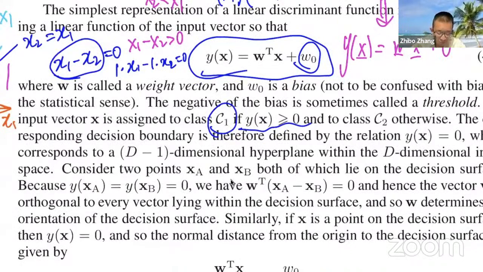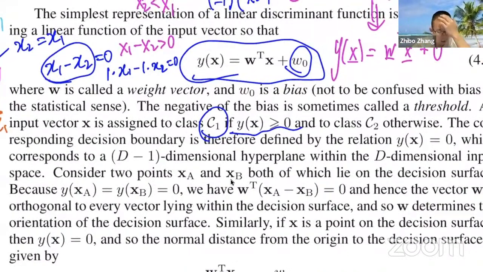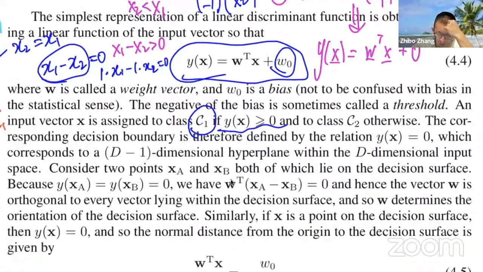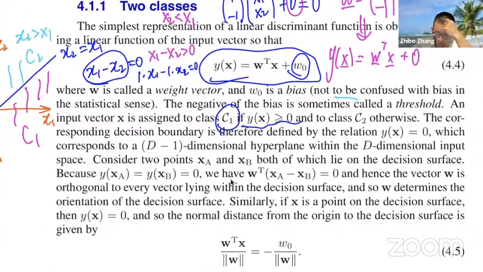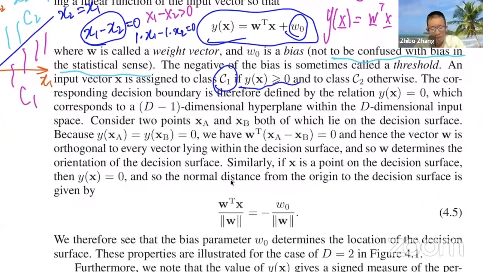W is called a weight vector, and W0 is the bias term, not to be confused with bias in statistical science. The negative of the bias is sometimes called the threshold. An input vector x is assigned to class C1 if y(x) is greater than or equal to 0, and to class C2 otherwise.